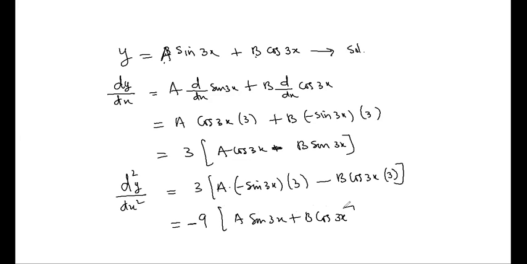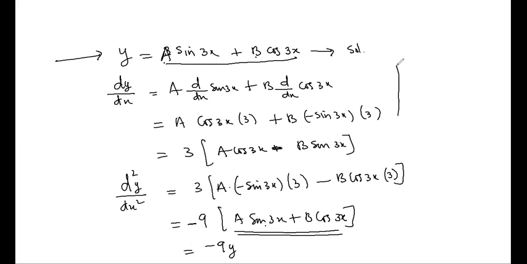So I have differentiated twice, but that is not enough. My answer should not contain A and B. How will I remove them? Substitute y, which is nothing but y itself. What you see here and what you see here are the same, so I can replace this by y. So the differential equation is d square y by dx square plus 9y equal to 0.